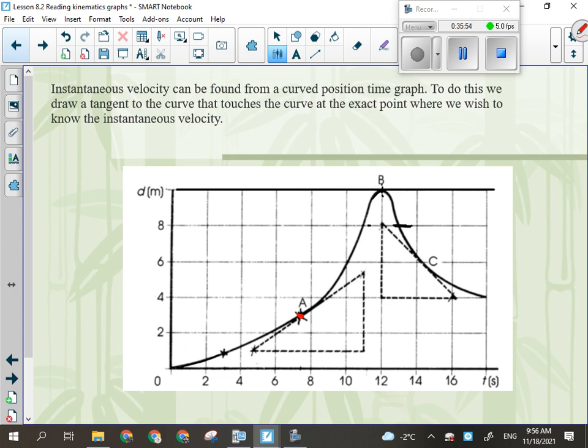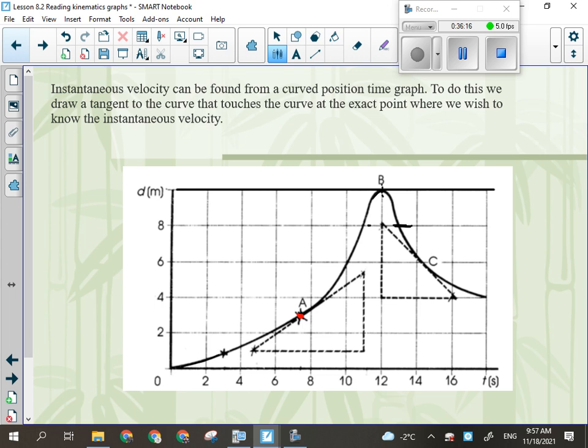Now, each one of those little lines would have a slope. Agreed? So if I draw a tangent that touches the curve right here, it'll be parallel to the curve because it doesn't cross it, which means it has the same slope as the curve at that point. And then I can cheat. Okay?